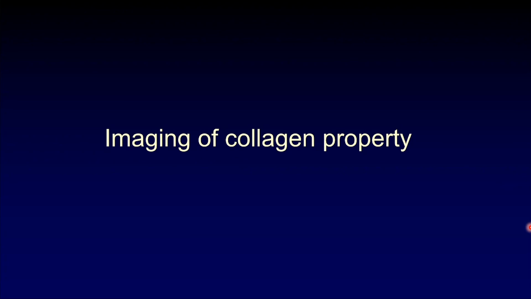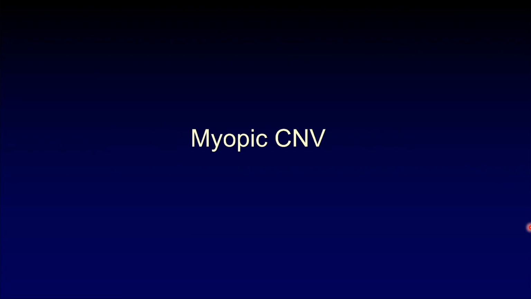Okay, myopia is maybe, some of the students, I guess you believe myopia is a disease of the lens or the cornea. But in reality, myopia is characterized by abnormal elongation of the eye.